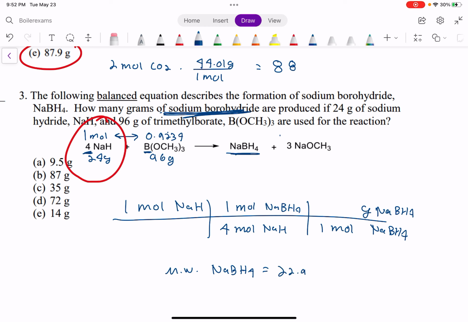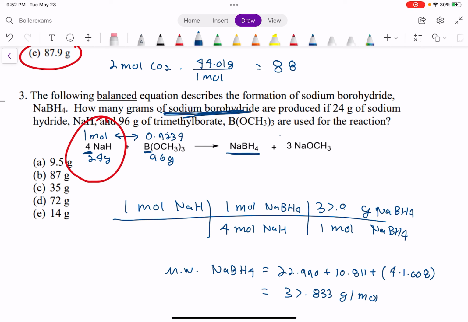Sodium is 22.990. Boron is 10.8. And we have 4 hydrogens. Four times 1.008 plus 10.811 plus 22.990 gives 37.833 grams per mole.